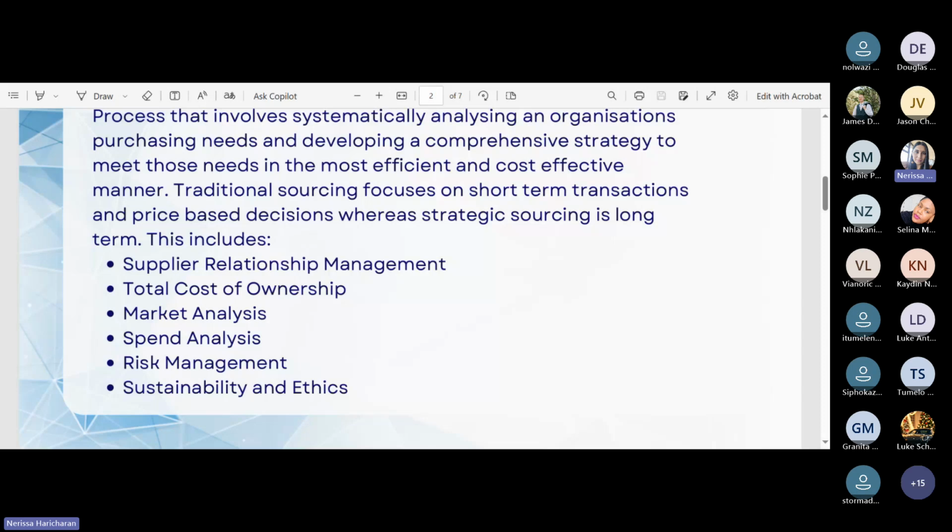And then the last one is sustainability and ethics. So ensuring that your sourcing decisions align with the business's values, the business's ethics, as well as their sustainability processes. So when you're going through a sourcing process, if your requirement is, let's say, a triple B level 2, you don't want to go in and get somebody that's a level 5.